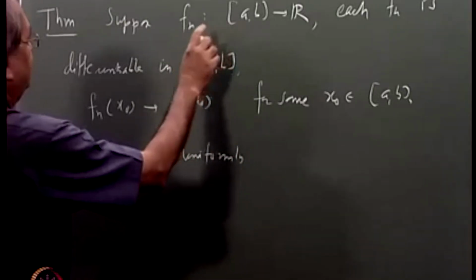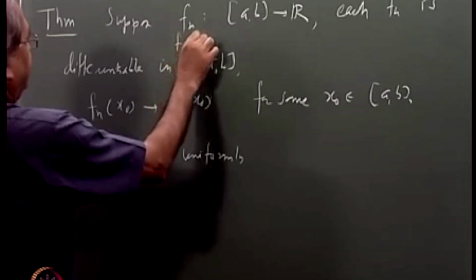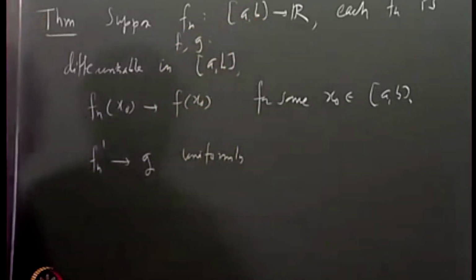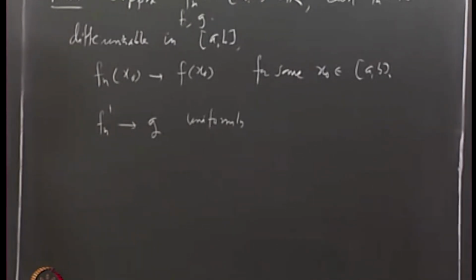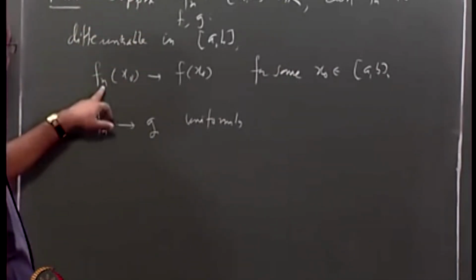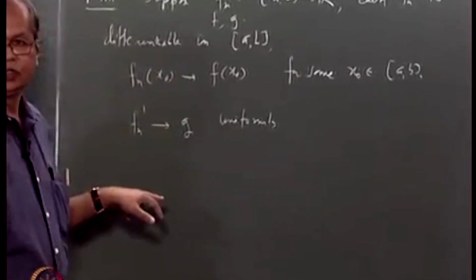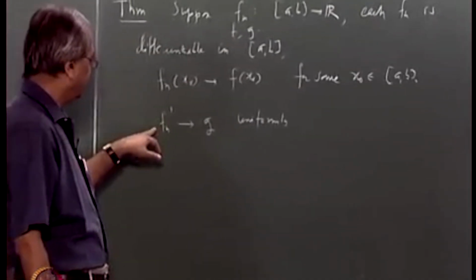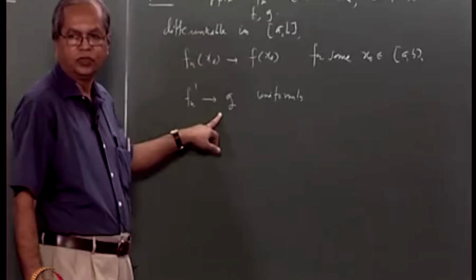So f and g, all these are functions from [a,b] to R. So what are the assumptions? Each fn is differentiable. If at some point fn at x naught converges to f at x naught, and fn prime converges to g uniformly.